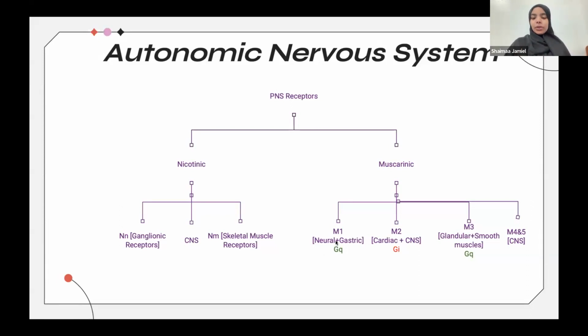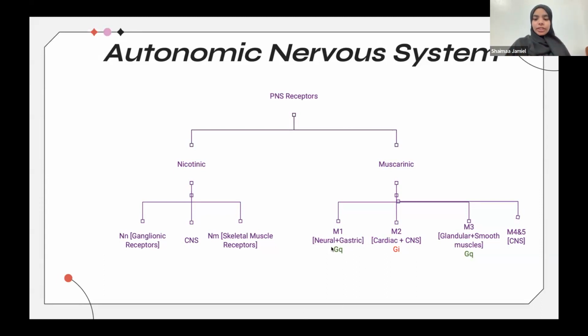So neural and gastric for M1, and this is Gq, which works by cAMP or by calcium. What does it work by? Gq. Okay, yeah, by calcium.